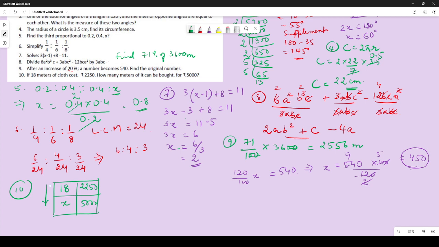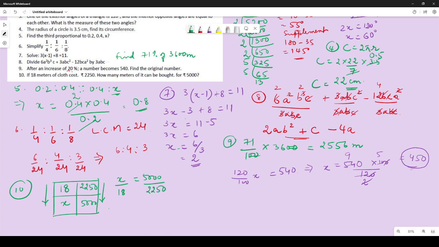So if you're doing it in arrow method over here, now if this price has increased, then obviously the quantity of the cloth will also increase. ये price अगर बढ़ा है तो 18 मीटर से ज़्यादा कपड़ा हम खरीद पाएंगे. So this is also increasing, this is also increasing, which means this is direct variation. So using that formula, x by 18 equals 5,000 by 2250.